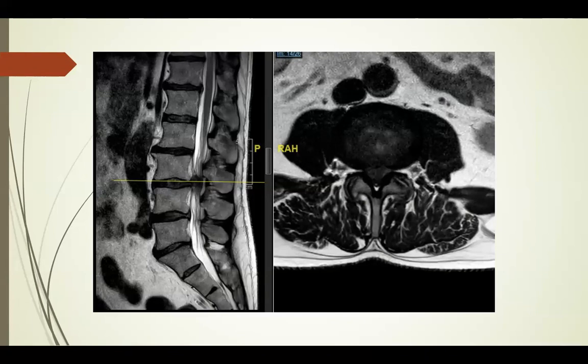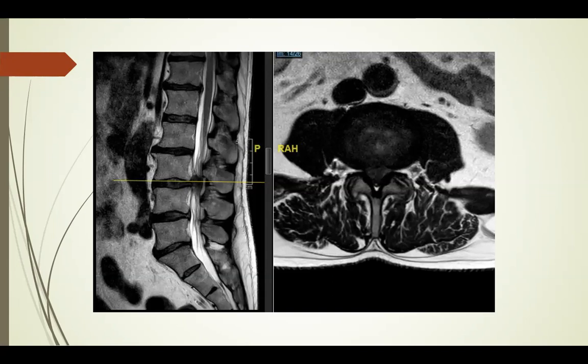Central disc herniations are a little bit different because you can see this is really central, and you cannot see any CSF at this level on the axial cut. It occupies almost the entire central canal and also compresses the lateral recess because it's too big of a disc.